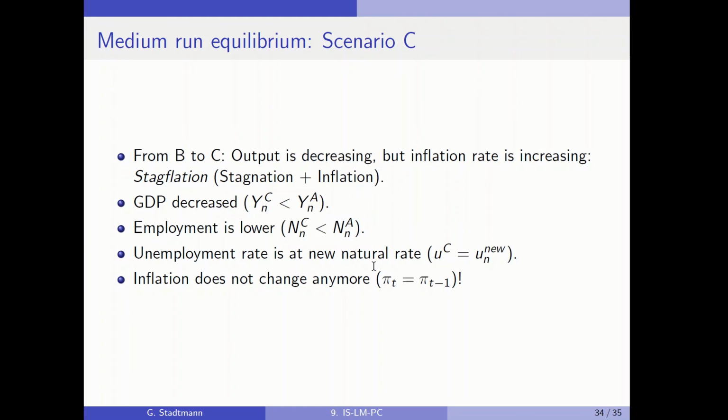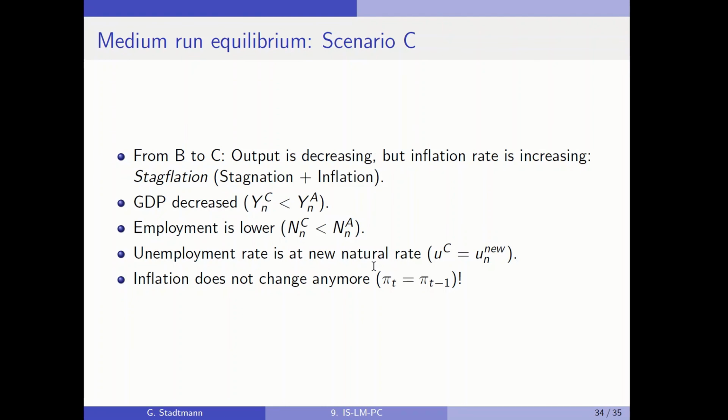We are living in a world where the economy is contracting, but inflation is still picking up. When we compare the initial equilibrium with the new medium-run equilibrium, GDP decreased. This is the case because we were looking at a supply shock.